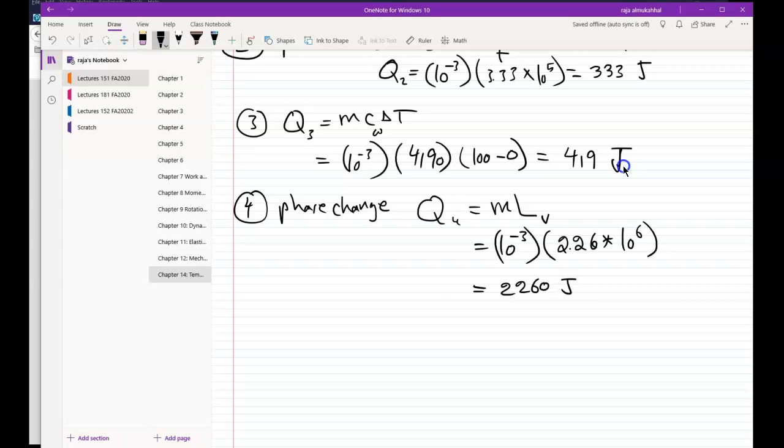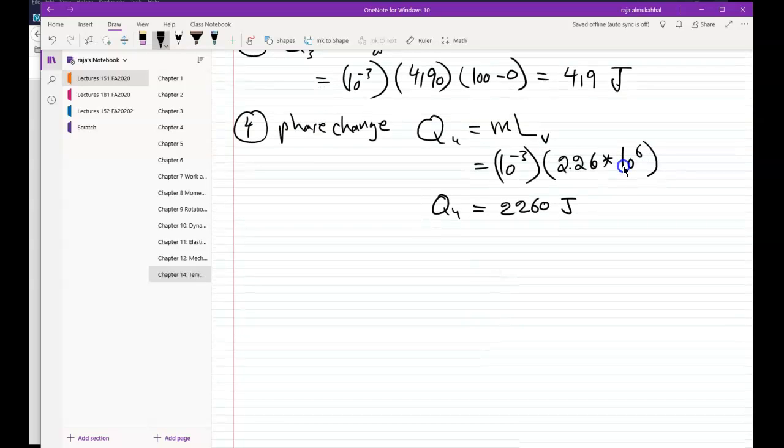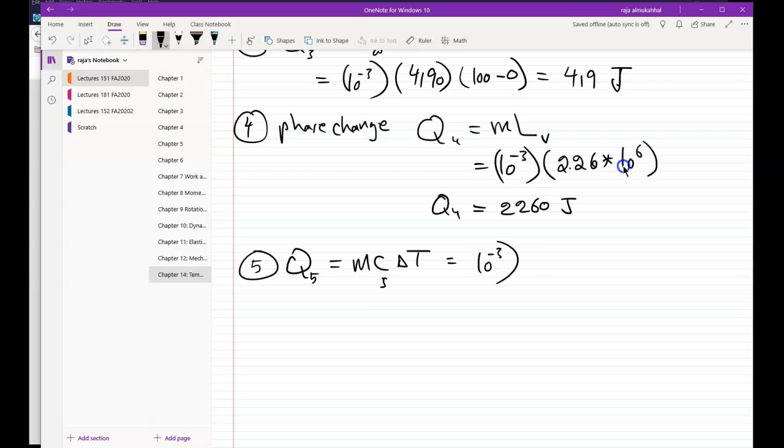Okay, so anyway, we have Q4 is that, and then the last one, Q5, which is from 100 to 120, and we're talking here steam, so Q sub 5 is m c delta T. This is for steam here, sub S, and the mass is 10 to the negative 3.